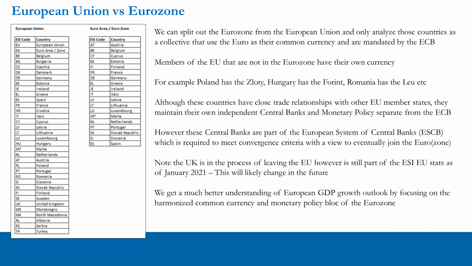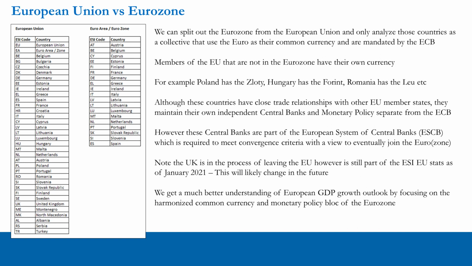You can also see in the table the European Economic Sentiment Indicator, ESI, codes for each country. So we split out the Eurozone from the European Union and only analyze those countries as a collective that use the euro as their common currency and that are mandated by the ECB.